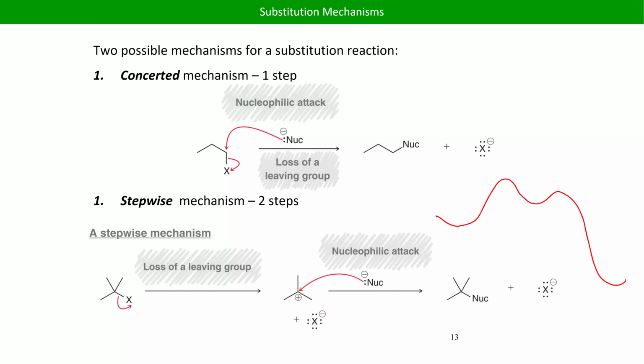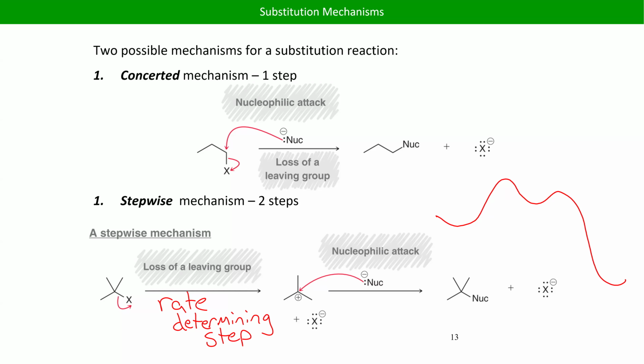And our rate determining step is your leaving group leaving. There's only one molecule involved there. Which means if it's stepwise, we should see a first order reaction.